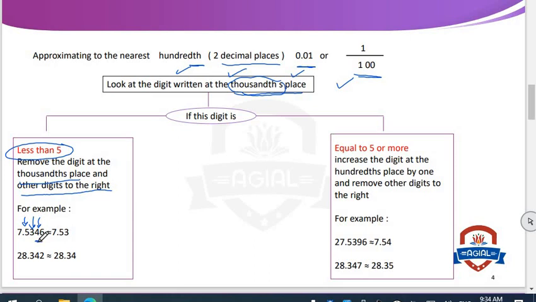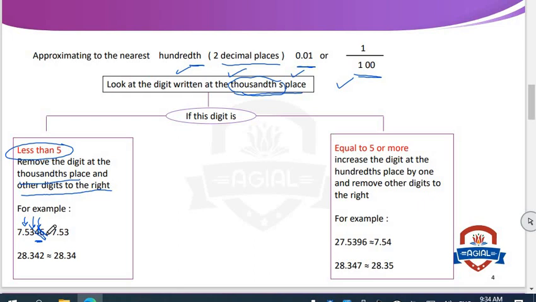We ask 4: are you less than 5? Yes, I am less than 5. So we remove the digit at the thousandth place and the other digits to the right. The result will be 7.53, without adding 1.